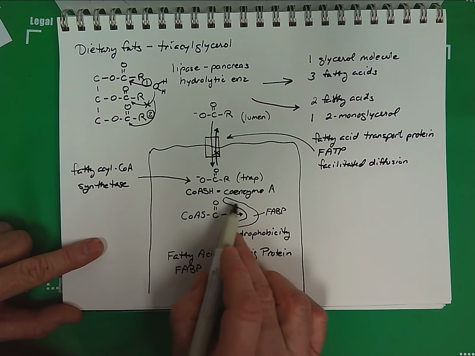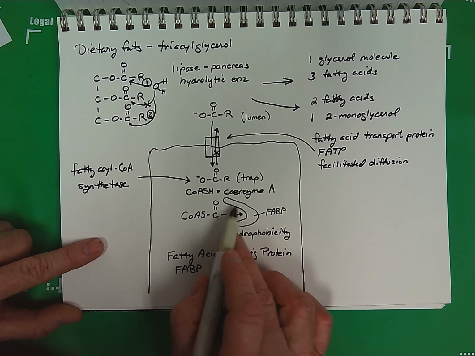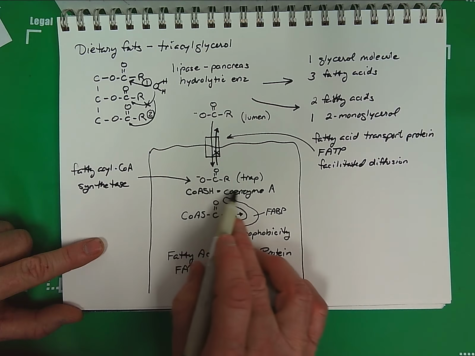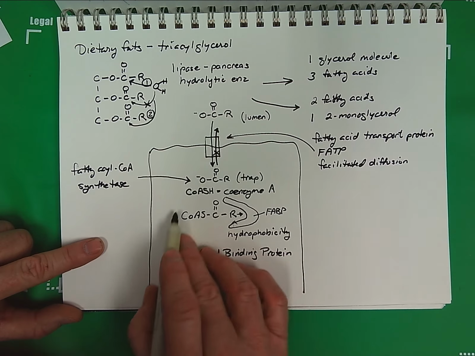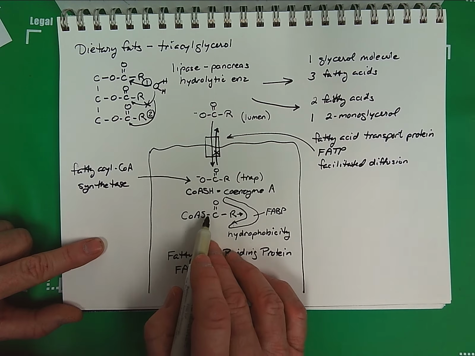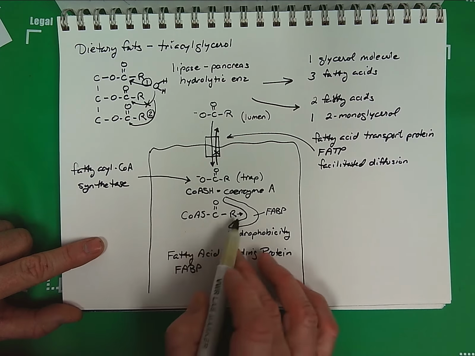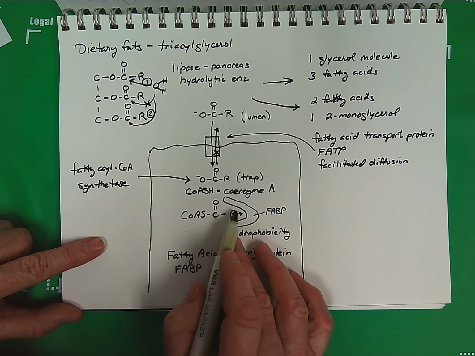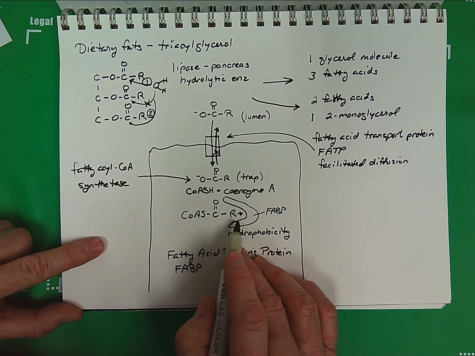In doing so, it forms hydrophobic interactions with the interior of the enzyme, and that shields it from the aqueous environment of the cytoplasm. The coenzyme A moiety with the carbonyl can be pointed outward from the enzyme, and this will form hydrogen bonds with water and maintain solubility. So once this fatty acyl-CoA structure binds to the fatty acid binding protein, then this can be transported throughout the cell.